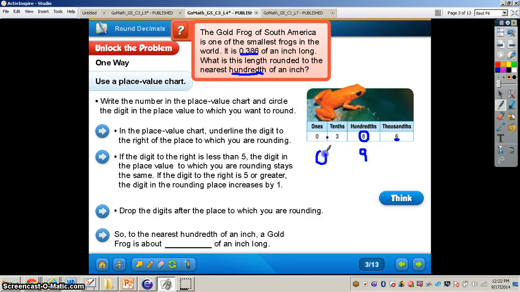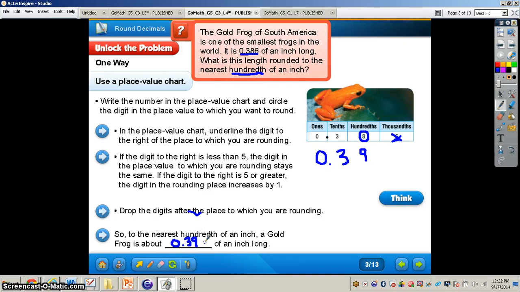We can rewrite the ones place, rewrite the tenths place, and that 8 turns into a 9. And then after that, drop the digits after the place to which you are rounding. So we don't even need to worry about that 6 anymore. We drop those digits. If it were a whole number, those would turn to zeros. So to the nearest hundredth of an inch, a gold frog is about 39 hundredths of an inch long.